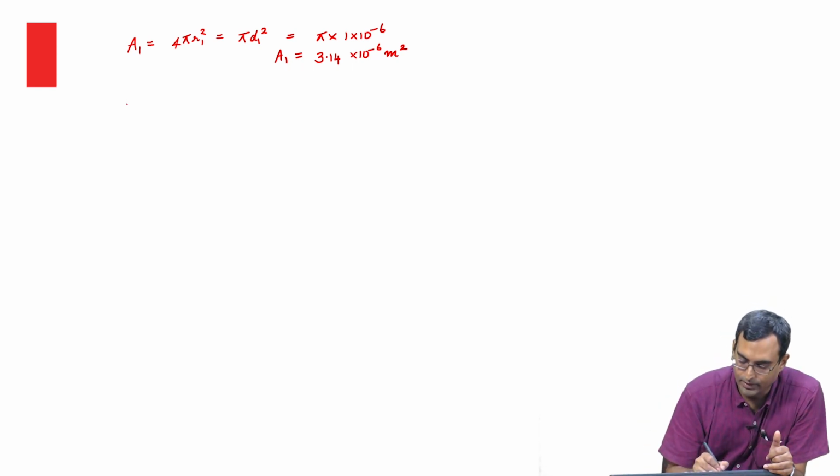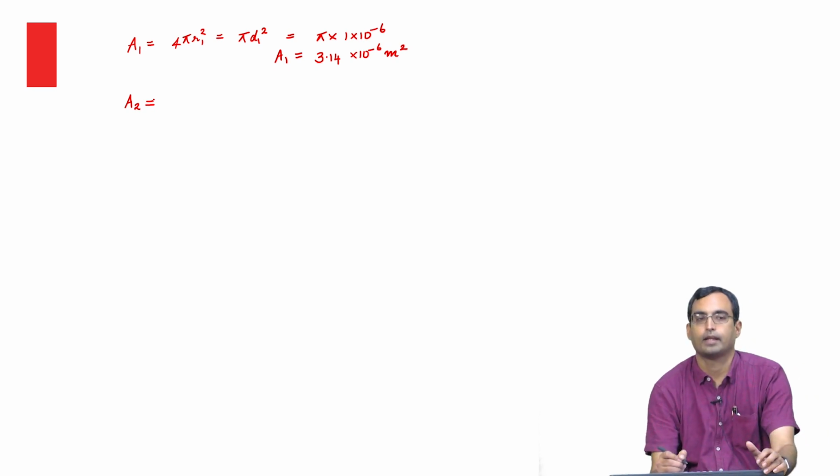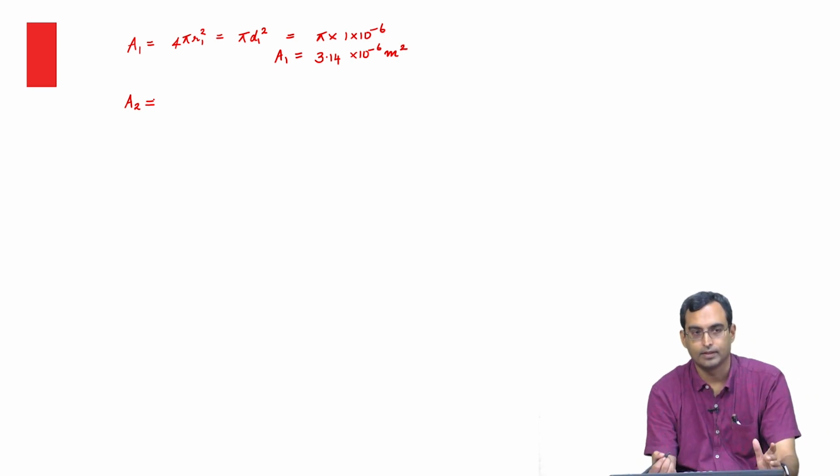We can find out its final area. The final area is essentially the area of the cylindrical disc.